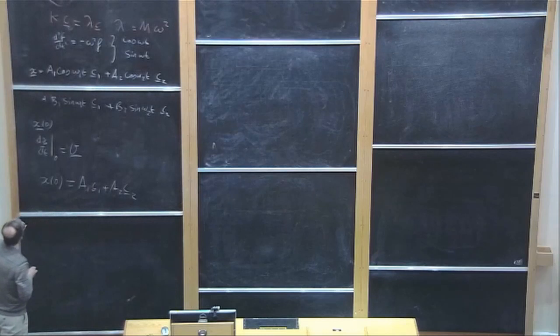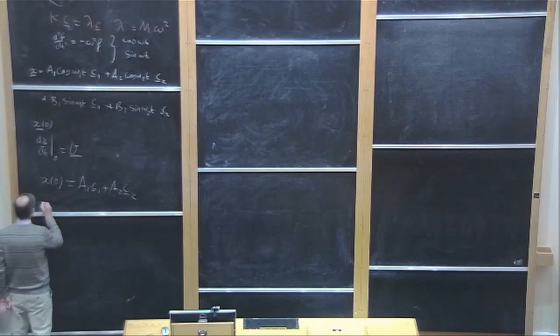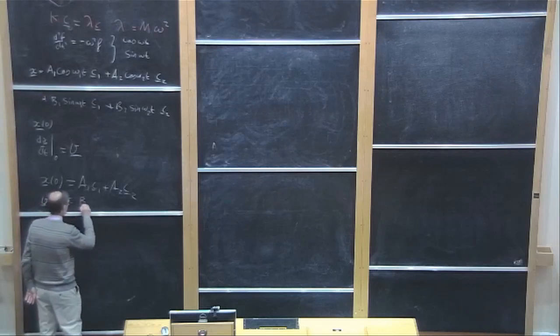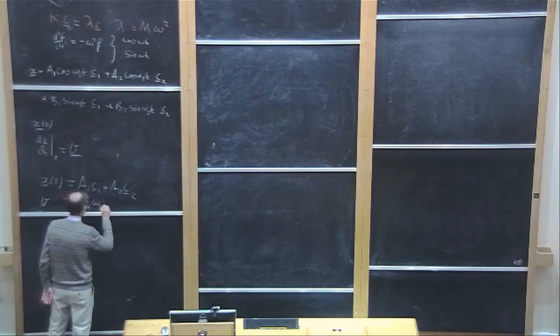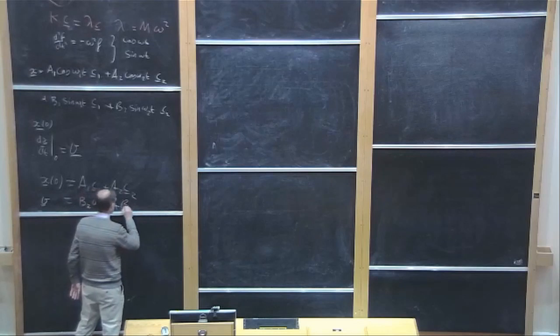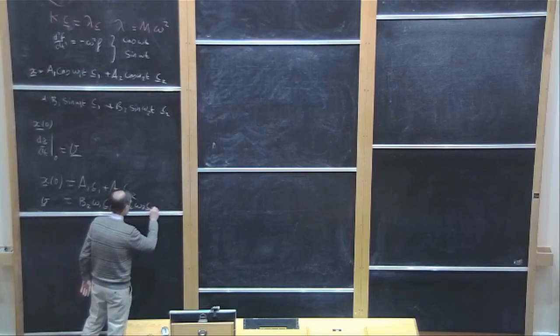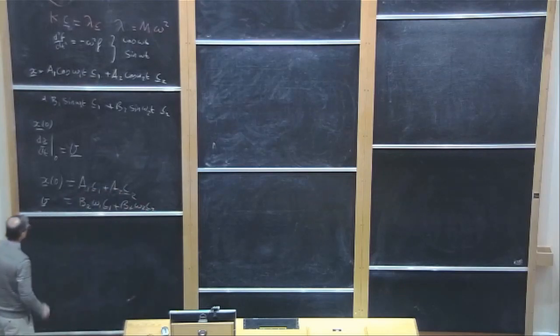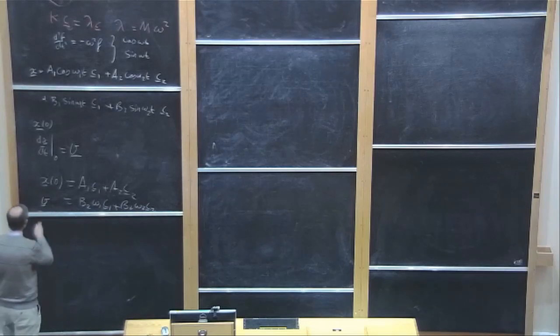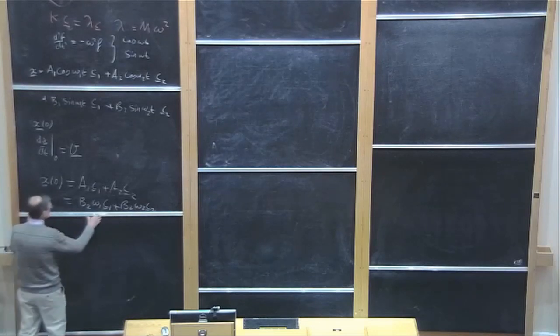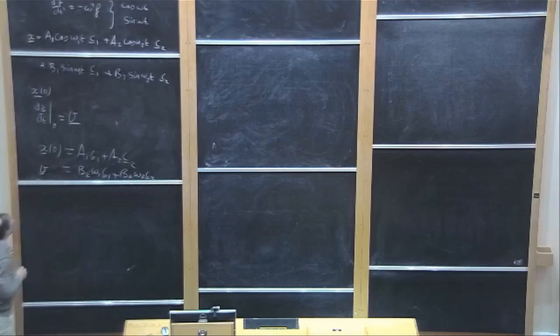And if you differentiate and substitute, you get v is b1 omega 1 c1 plus b2 omega 2 c2. And so that's the initial value problem, and it's relatively easily solved.